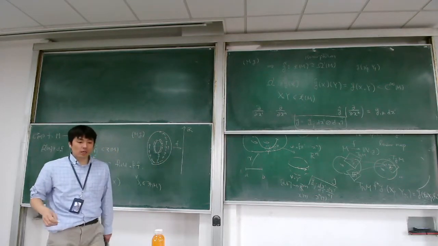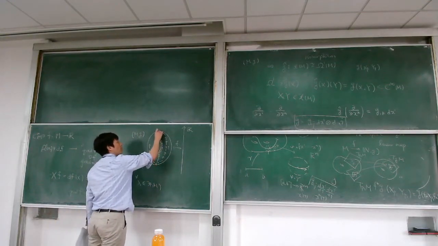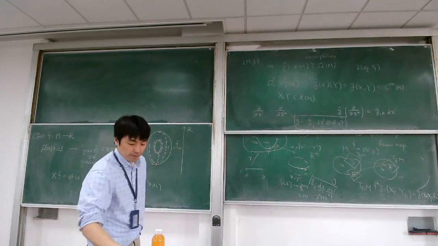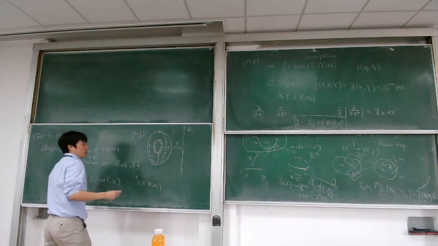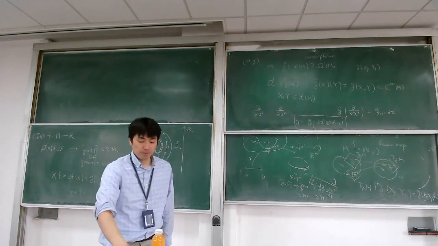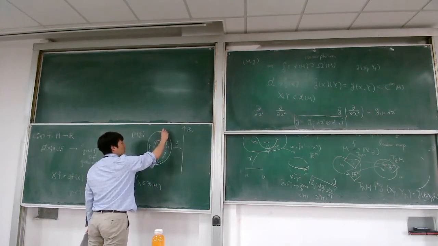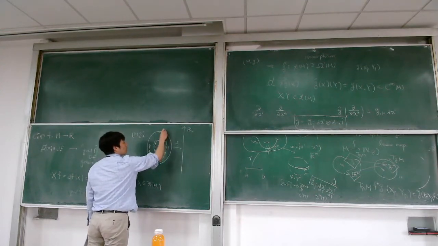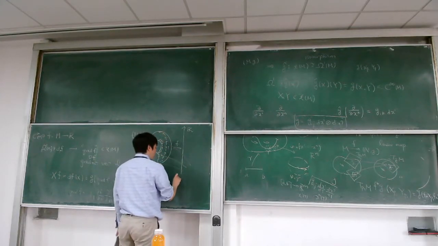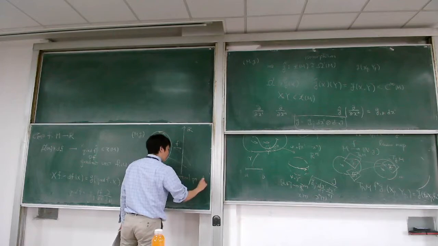Therefore there are 4 critical points. One is the bottom and top, and there is a saddle point in the middle. These orange points are critical points of the height function f.